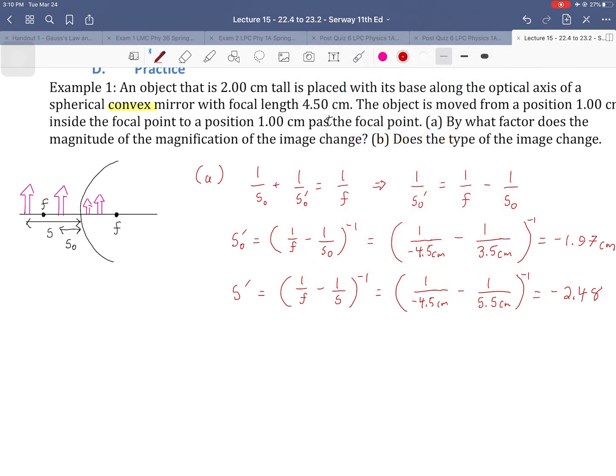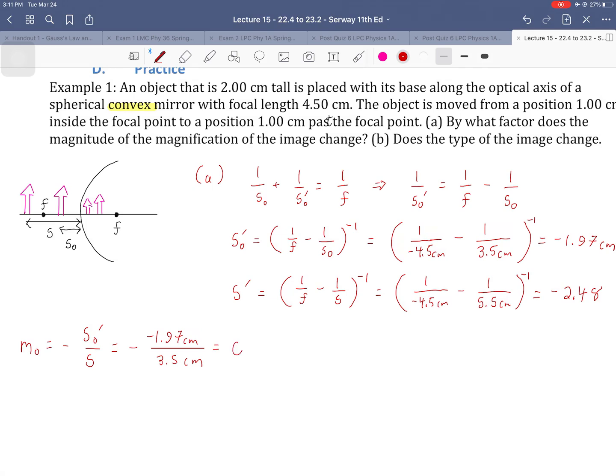So continuing then with part A, we have M naught is then just going to be negative S naught prime over S. All right, which would be negative of negative 1.97 centimeters, and then divided by S, which was 3.5 centimeters.